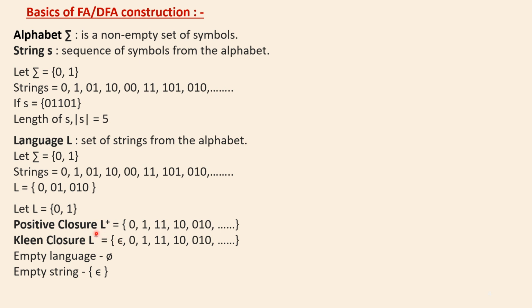But in positive closure, there is no epsilon, which means the state cannot be in the final state without any input. So it needs an input to be in the final state. Here without any input also the machine can be in the final state. The empty language is represented like this, and the empty string is represented with brackets with an epsilon in it.